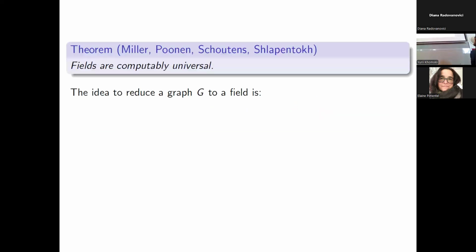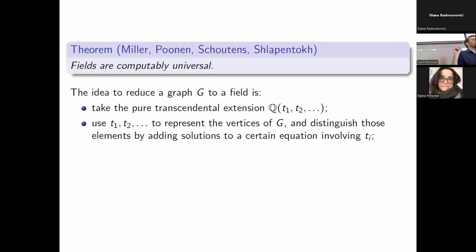So what is the idea? You've got some graph G, you want to reduce it to a field. So you're going to take the rationals in a pure transcendental extension. You're adding a bunch of new elements, and the idea is that these new elements are going to represent the vertices of the graph. And you want to do something to say, these really are the vertices. So you're going to add solutions to certain equations involving them. This is where the tricky part comes, and why you need some number theorists, to tell you what the right equations are.